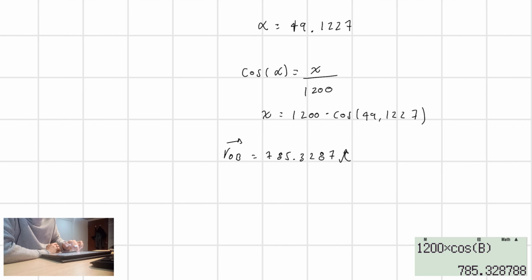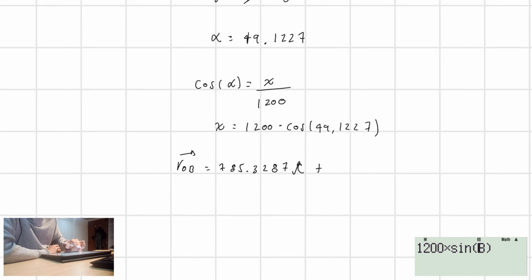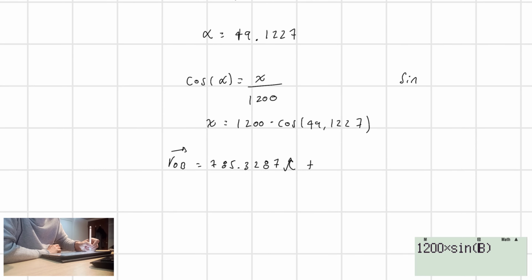I direction, plus the same thing but using sine. Why is that? Because the sine of alpha is equal to y divided by 1200.